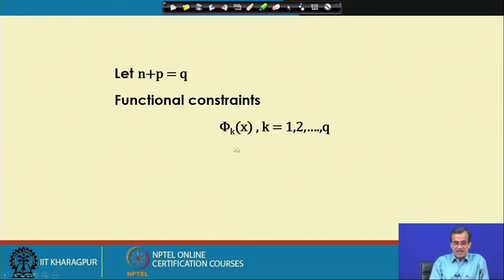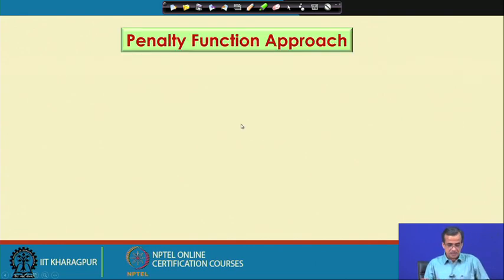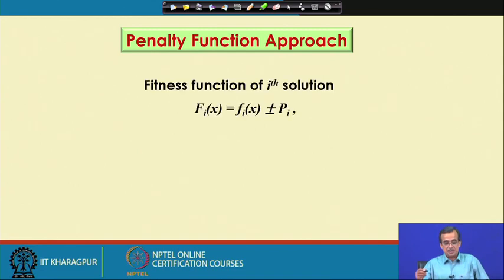So, this phi_k(x) is nothing but the collection of all functional constraints. Now, to handle this constrained optimization problem, we take the help of an approach which is called the penalty function approach.